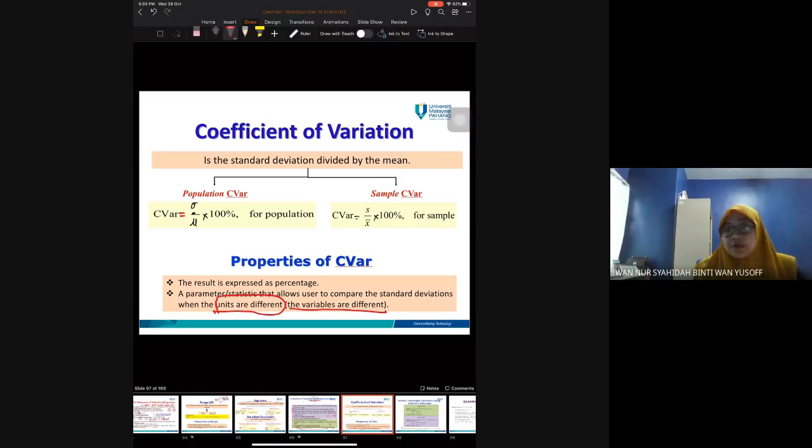Population and sample have a similar formula: standard deviation divided by mean and multiplied by 100, because it must be expressed in terms of percentage. How do we interpret it, similar to range, standard deviation and variance? The smaller it is, the better the data it is.